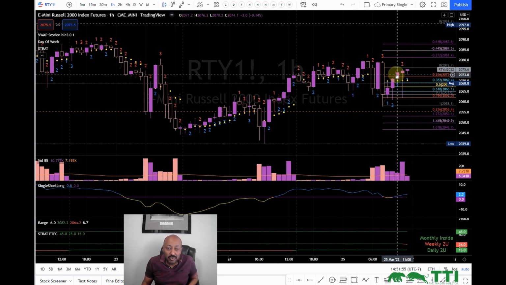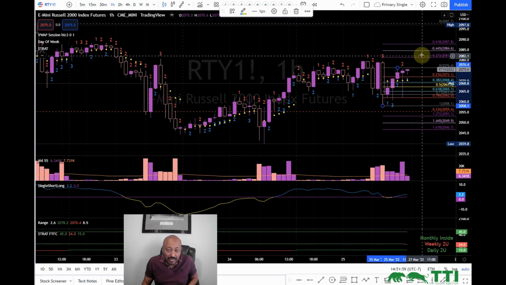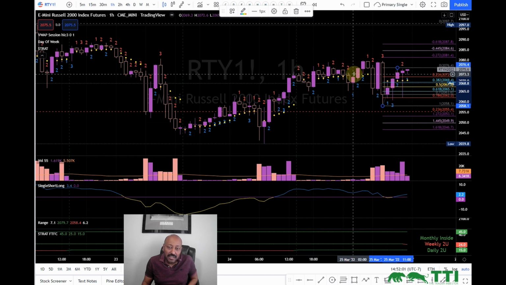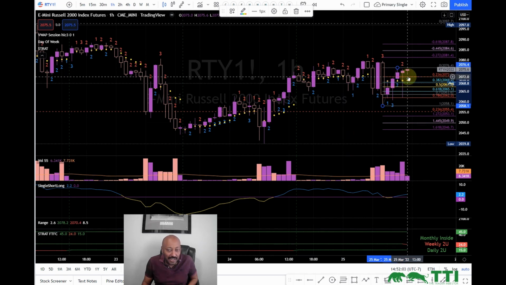I use TradingView, and one of the things I like about TradingView is I can set my levels at different colors, different line styles, different widths, depending on the time frame. I like to trade the 1 hour for my entry. 5 times 1 hour is 5 hours, which is close enough to the daily. 5 times daily is a week, and 5 times weekly, close enough to a monthly.